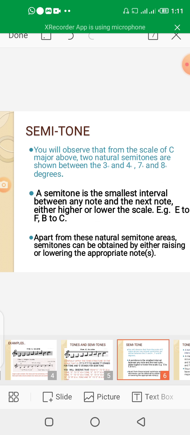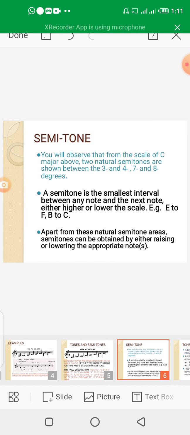Now let's look purely at semitones. You will observe that from the scale of C major above, from the last slide, two natural semitones are shown between the third and fourth, then the seventh and eighth degrees.